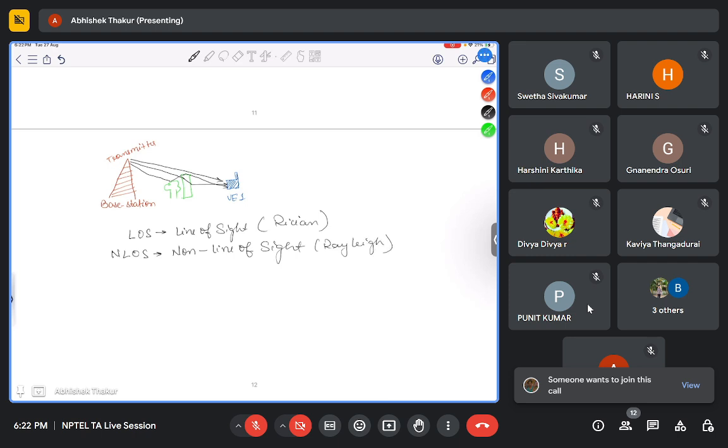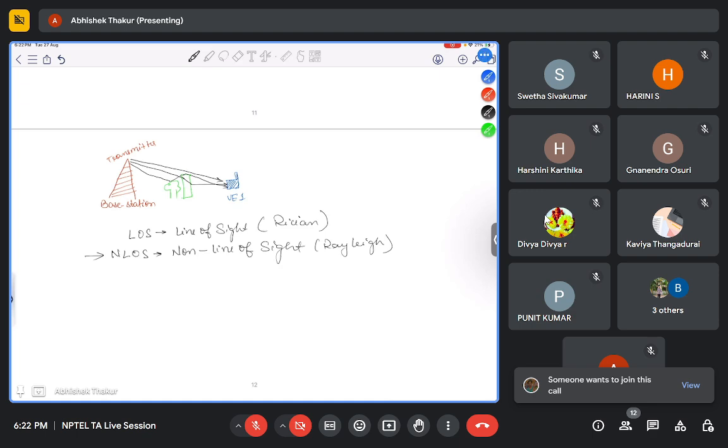Non line of sight is the general thing that happens because the environment is very complex and crowded. So we will see about Rayleigh channel fading in today's lecture.